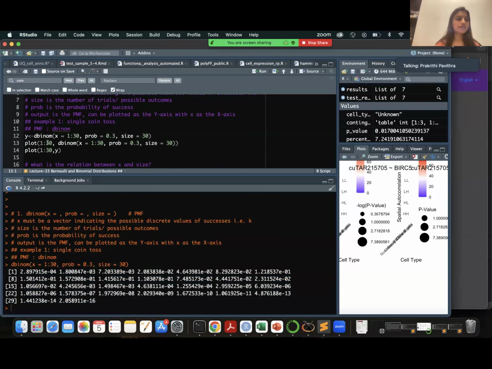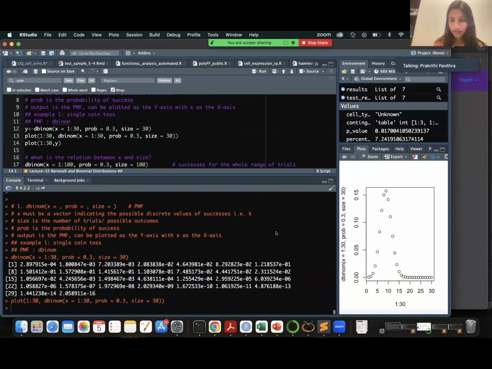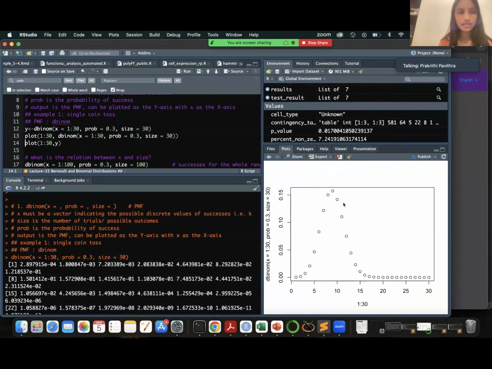Whichever you feel comfortable with, you could use it that way. Let's see how this distribution looks. You could see the distribution looks like this. You can see that the mean follows something around 8 to 9. So this is your mean.